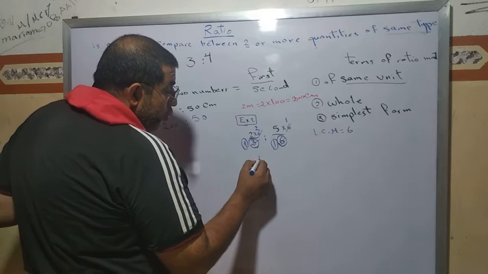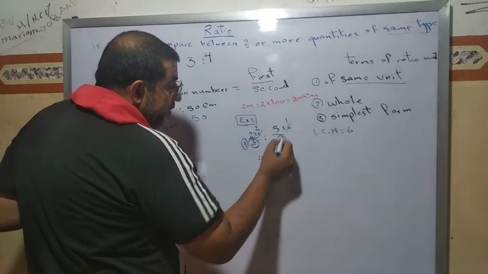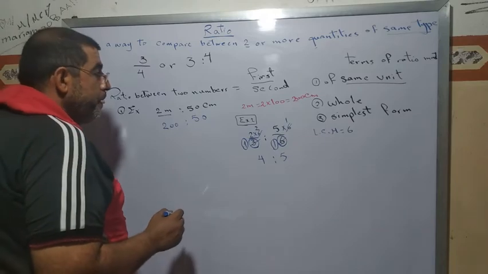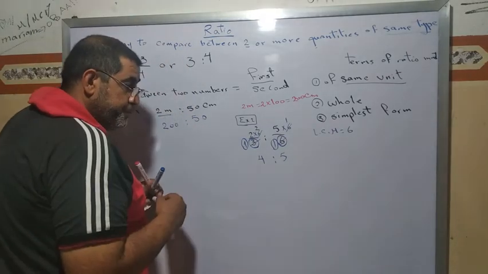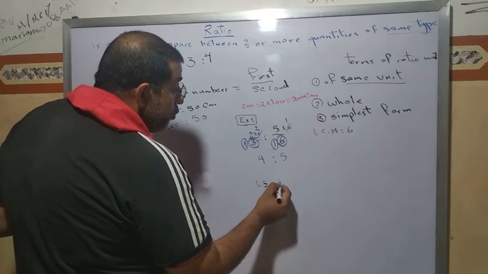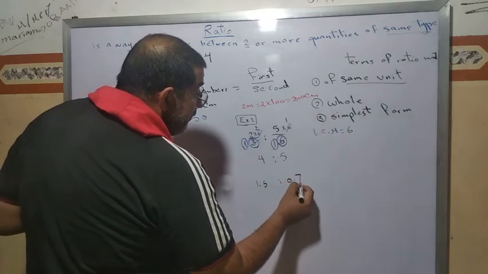2 times 2 equals 4, and 5 times 1 equals 5. The ratio will become 4 to 5. Second example: 1.5 to 0.75.